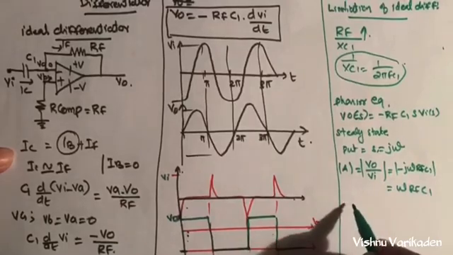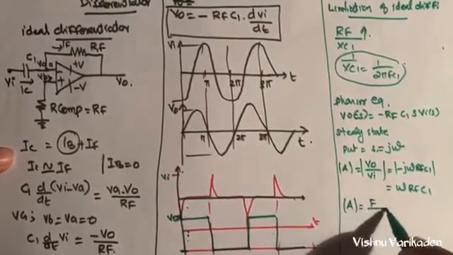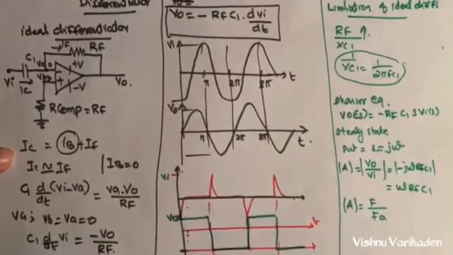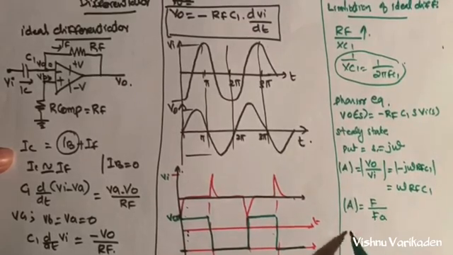Also we can rewrite the gain equation in the general form, f by fa, the input frequency and the maximum or upper cutoff frequency fa. So we can write fa is equal to omega Rf C1.